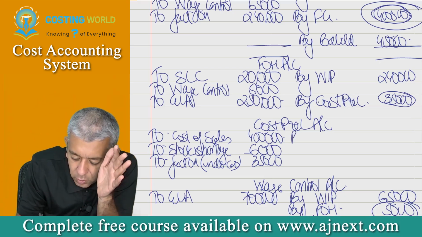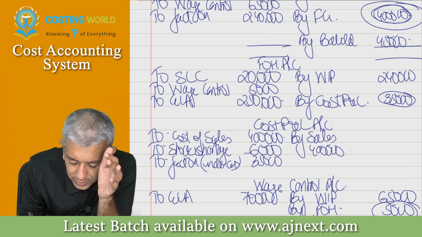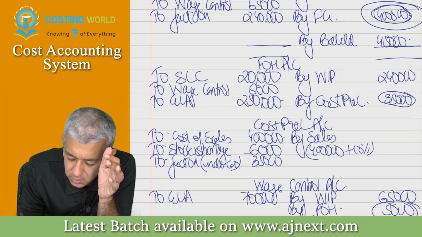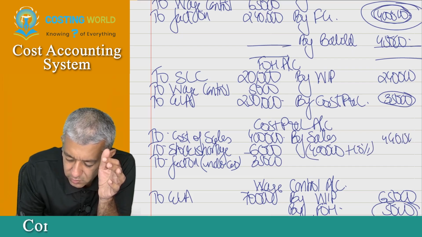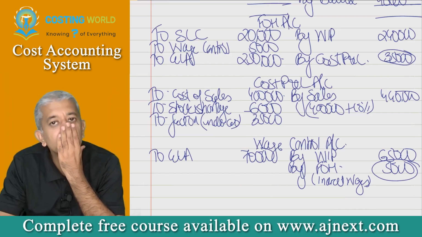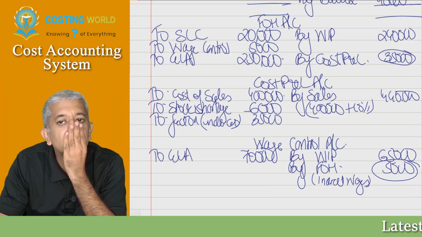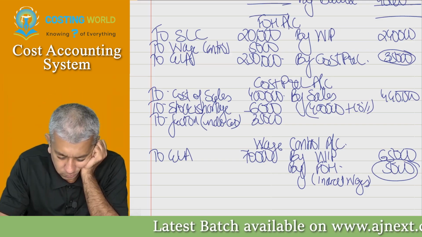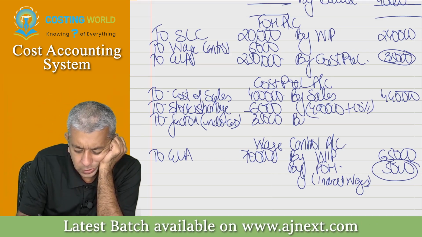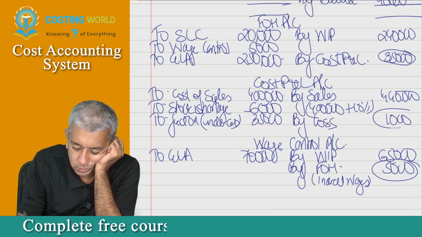Okay, so I'm writing over here by sales 4 lakhs plus 10%, 4,40,000. I guess all job done here. I think there is a loss over here of 1,000 rupees.